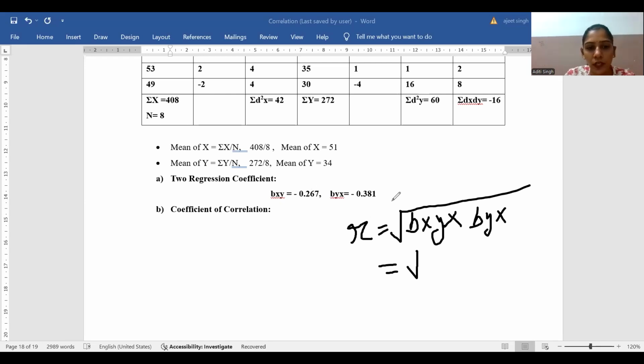The value of bxy and byx, which is minus 0.267 multiplied by minus 0.381.